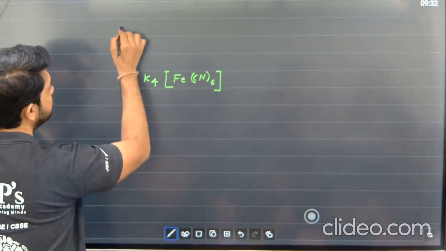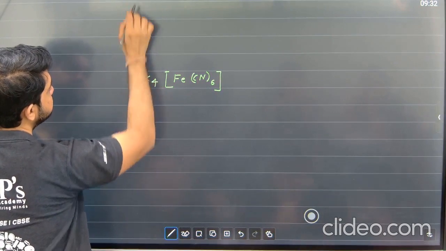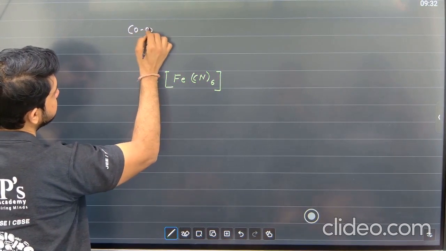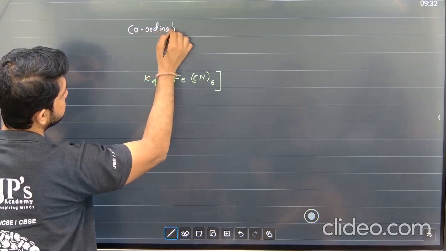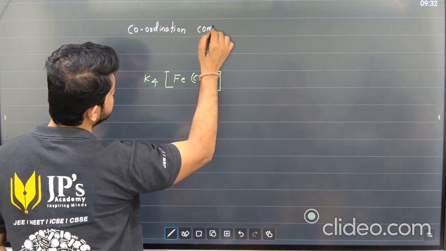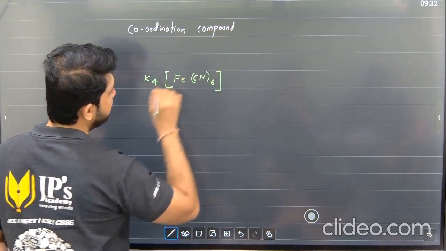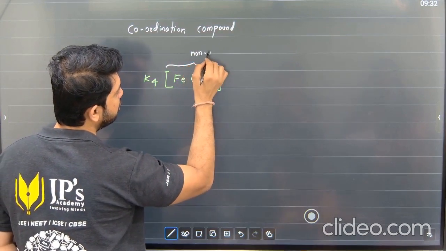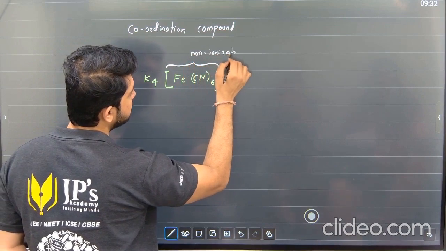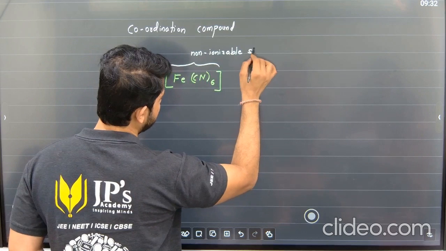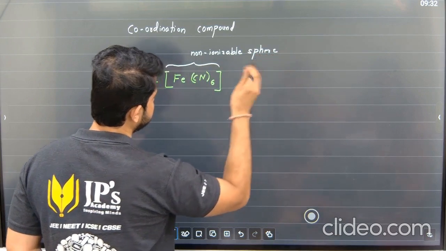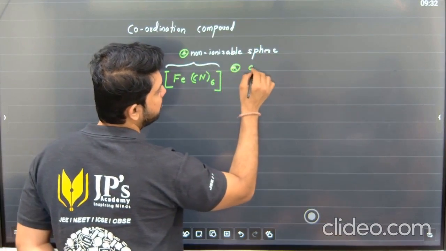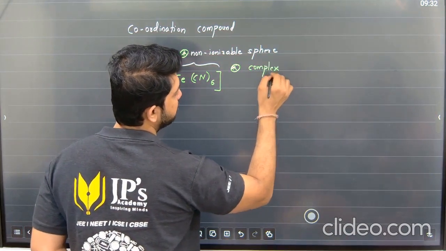What do we call the part that we write in square brackets, people? Non-ionizable part. It's also called the non-ionizable sphere, which we'll do later. You also call this the complex part of the coordination compound.